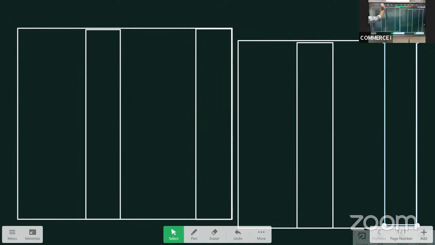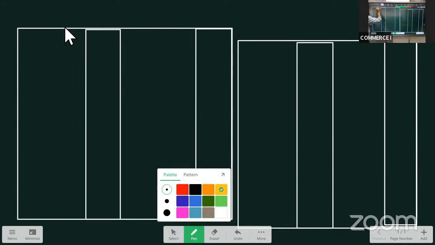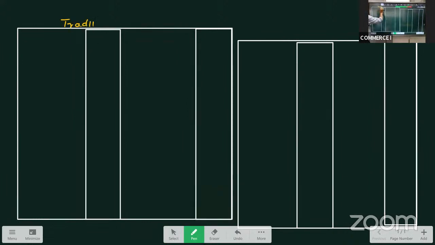The name of the firm is given: prepare final accounts of Pawan Enterprises. So, trading account of Pawan Enterprises for the year ending. Similarly, profit and loss account of Pawan Enterprises for the year ending. Particulars, amount, particulars, amount.